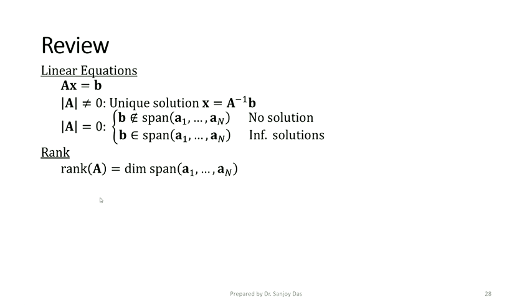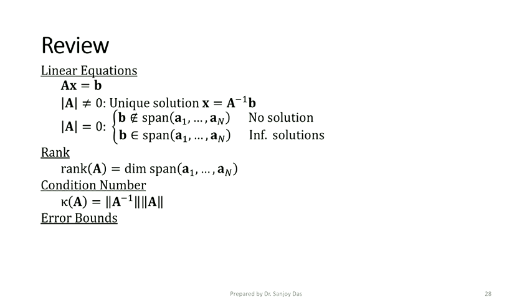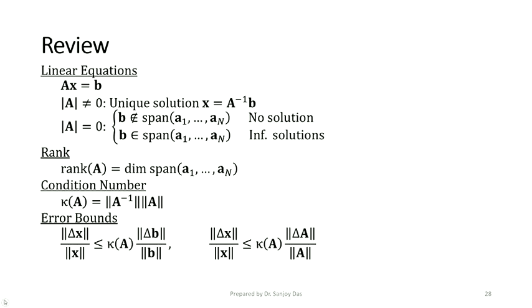Rank of A is the dimensionality of the span of the columns of A. Condition number is given by this expression here, norm of A inverse times the norm of A, and we have just established these two important error bounds.